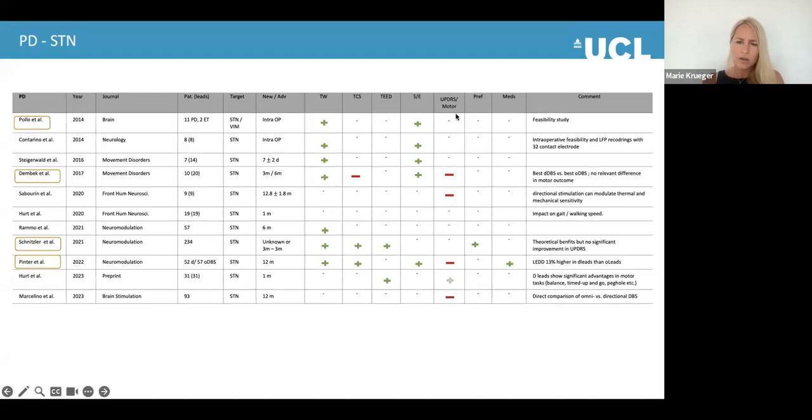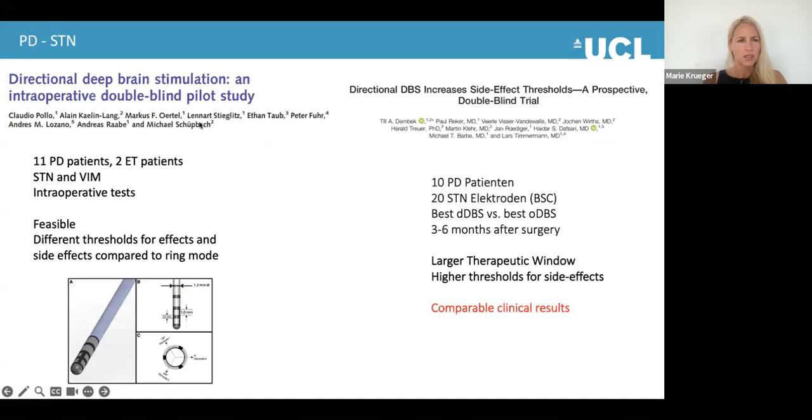And here it looked like the directional electrodes were actually performing better, although the follow-up was only 1 month after the implantation. So I'll go into a little bit more detail here in these 4 studies.